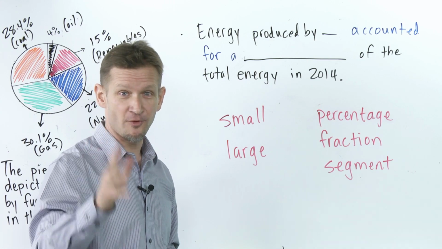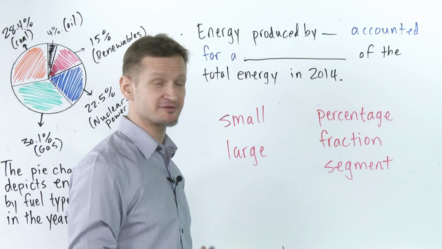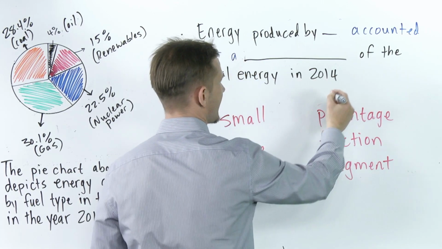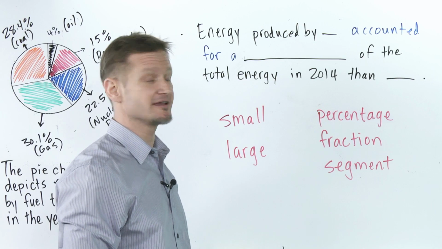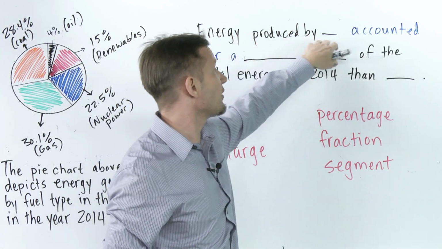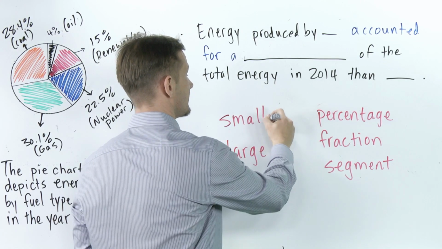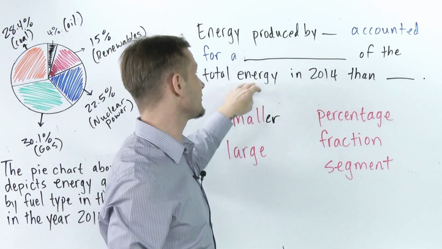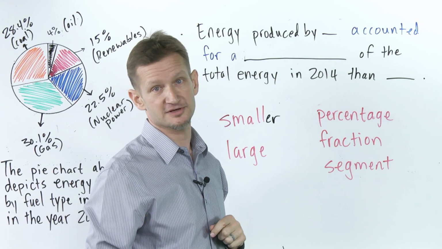Now, if you wanted to do something else, you could even use this to compare two things. You can add than, and you can put the second piece there. Energy produced by oil accounted for a smaller percentage of the total energy in 2014 than coal, for example.